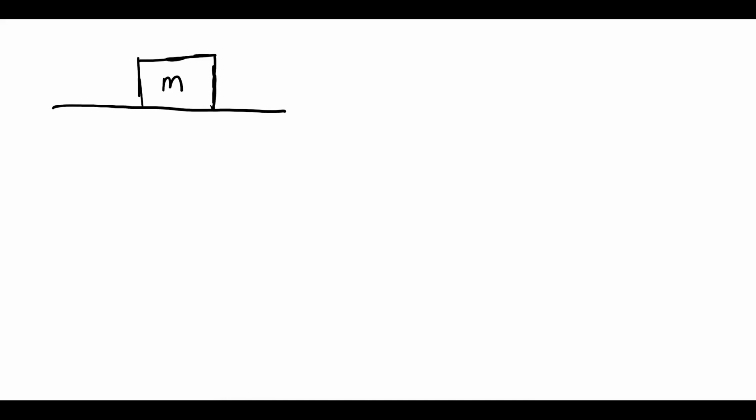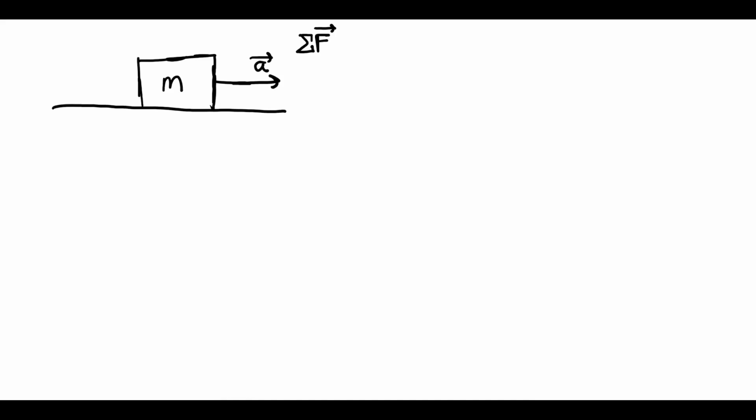So an object of mass m, when subjected to some net force, experiences some acceleration that is inversely proportional to the mass m of the system, and is in the same direction as the net force.